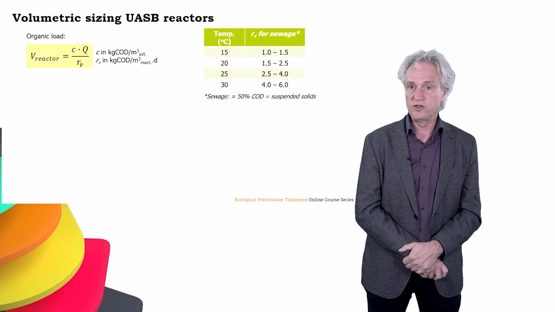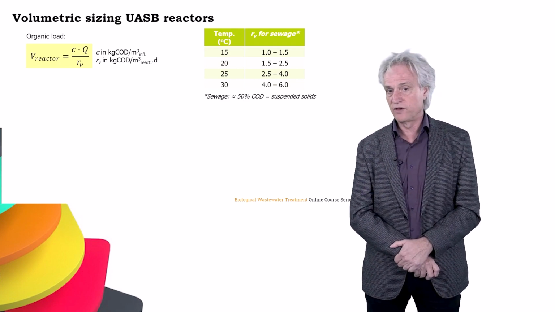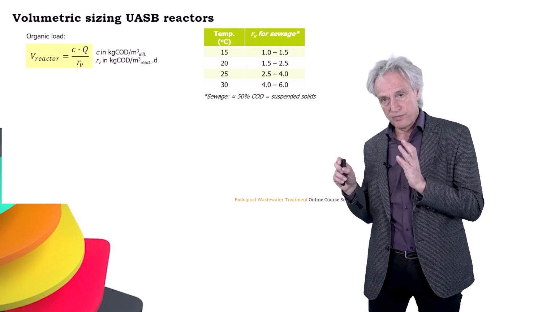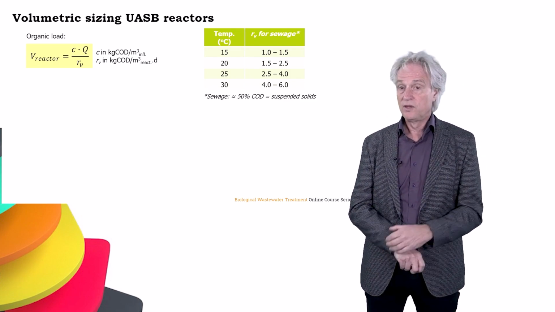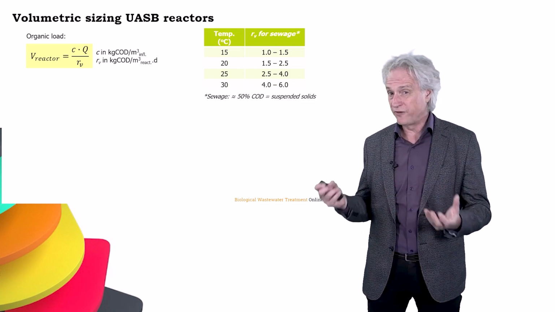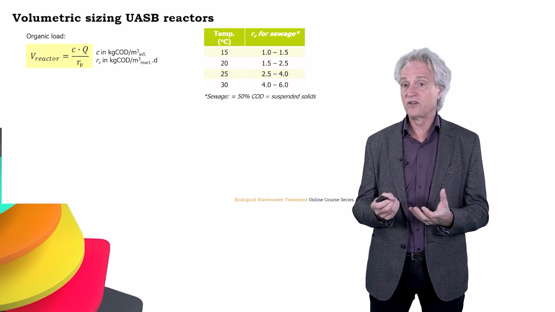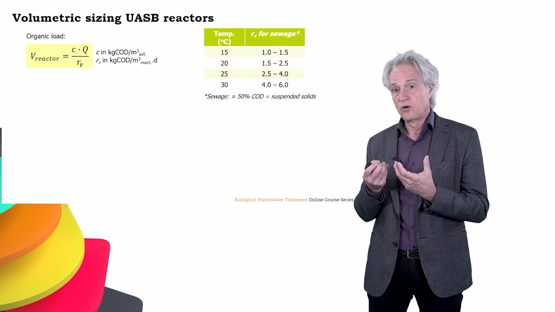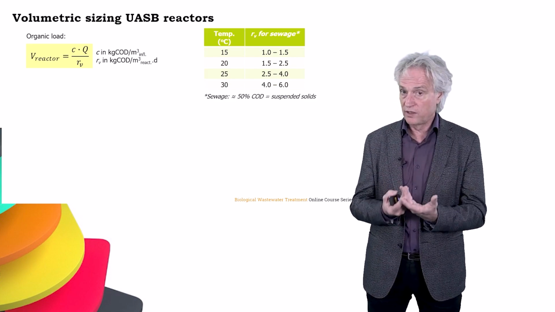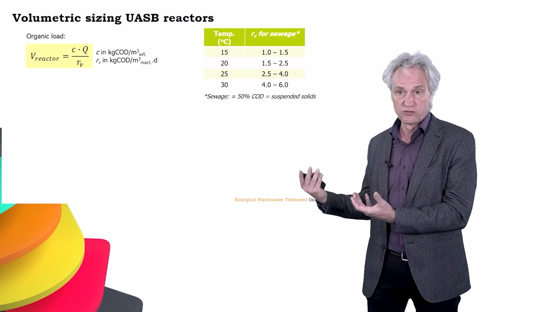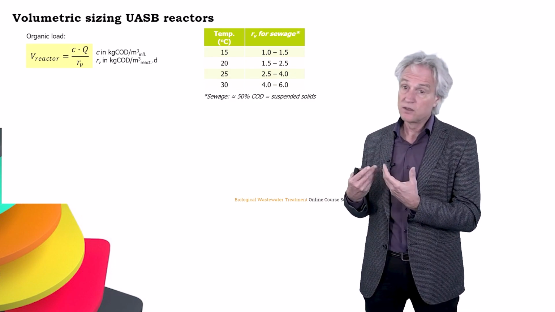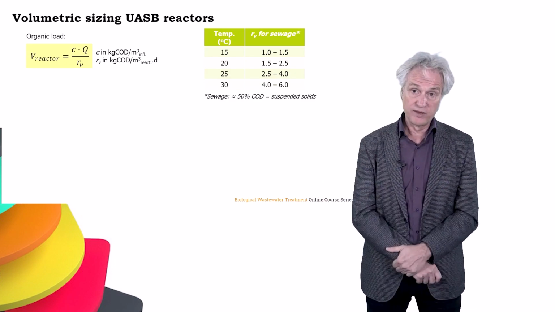In this small table, you see the temperature from 15, 20, 25, and 30 degrees, and an applicable volumetric loading rate for sewage. Remember, in sewage about 50% of the COD consists of suspended solids, so the value of the applied loading rate is relatively low, much lower than for industrial wastewaters that are treating soluble influents.